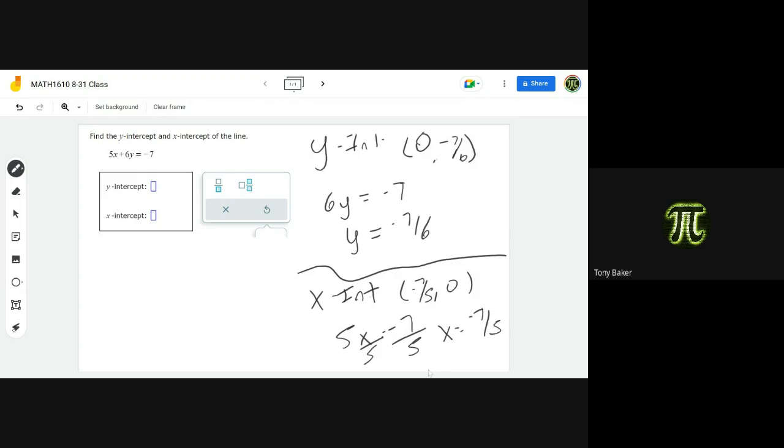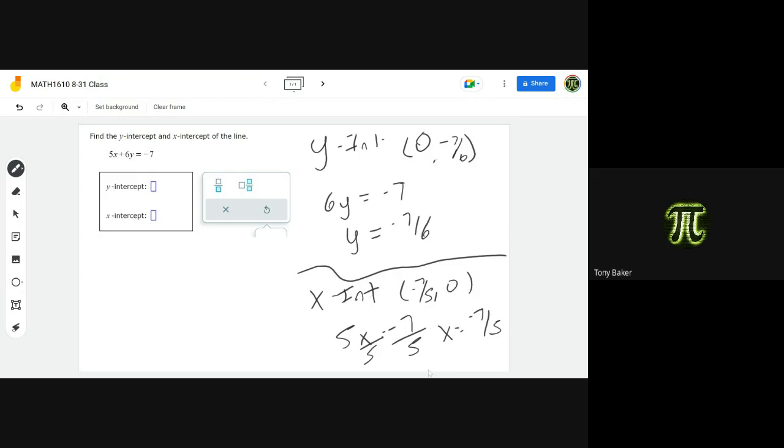Line 1, I got to do a little bit more work for, not a ton. So line 1, I got to solve for y. Seriously, computer. Why is line 2 just 2/3? It could be. It probably is.